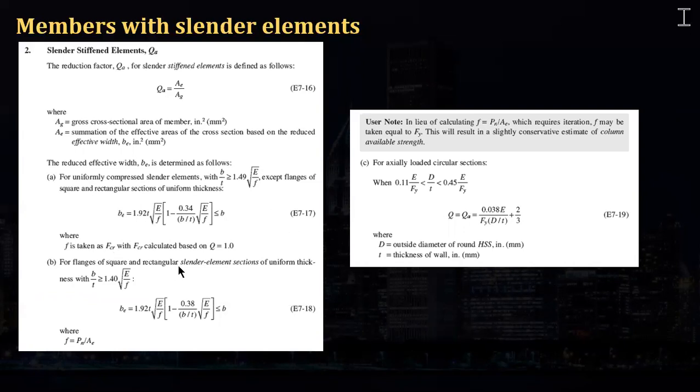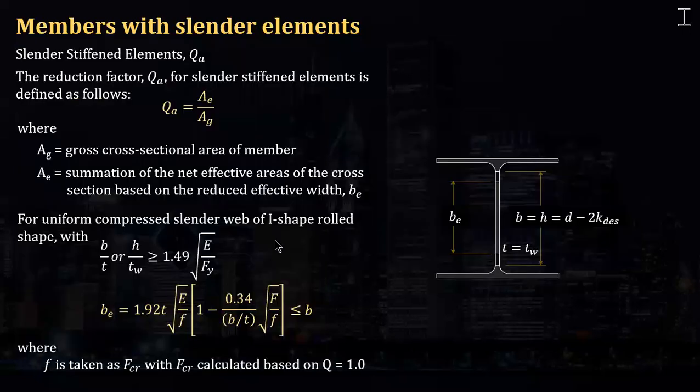Okay? Well, here, let's not include this anymore. This is for flanges of square and rectangular slender elements. For the web, this is the formula that we will use. Okay? So, again, this is it. The be is the effective width or length of that web.